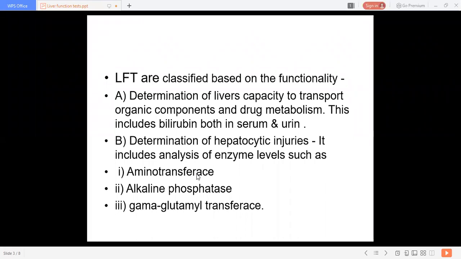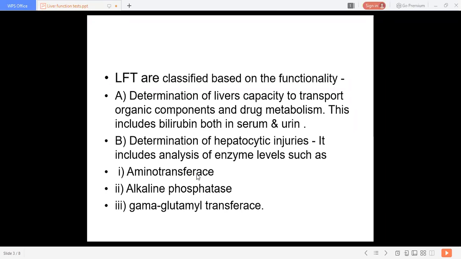It is also known as SGPT, serum glutamic pyruvic transaminase.